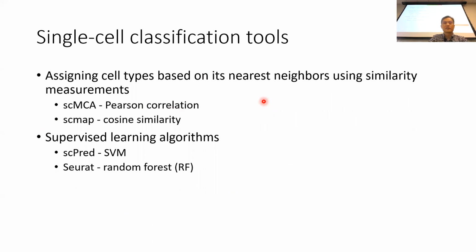Let's look at some single cell type classification tools. These two examples assign cell types based on nearest neighbor using a similarity measurement. This method uses Spearman and Pearson correlation, and this one uses cosine similarity. You know how to compute the cosine similarity, the dot product of vectors.